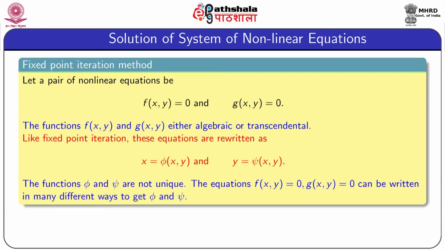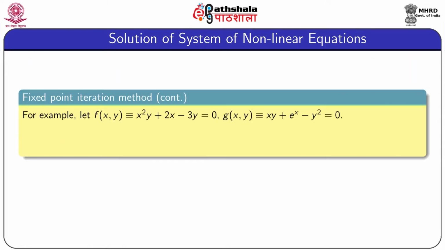But the functions phi and psi are not unique. The equations f(x, y) equal to 0 and g(x, y) equal to 0 can be written in many different ways to get phi and psi. All such representations are not acceptable, but a few of the representations can be taken as the iteration scheme.